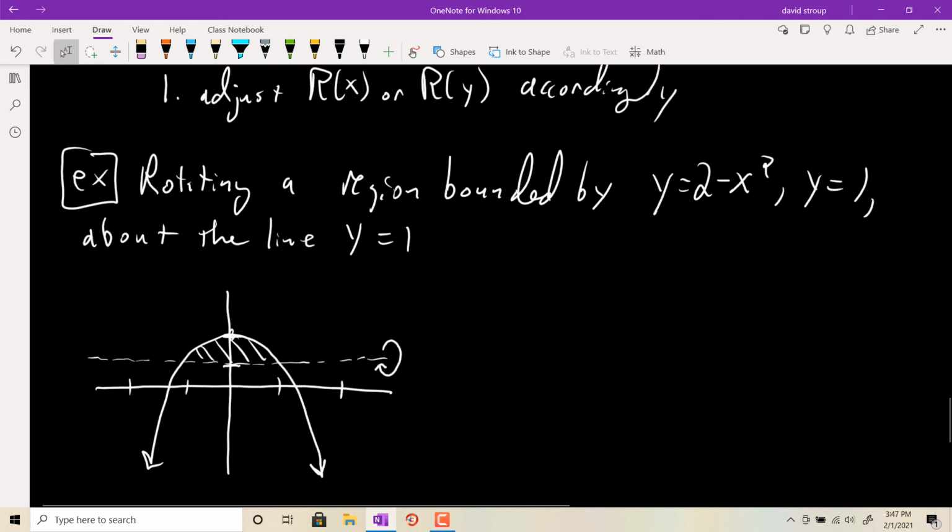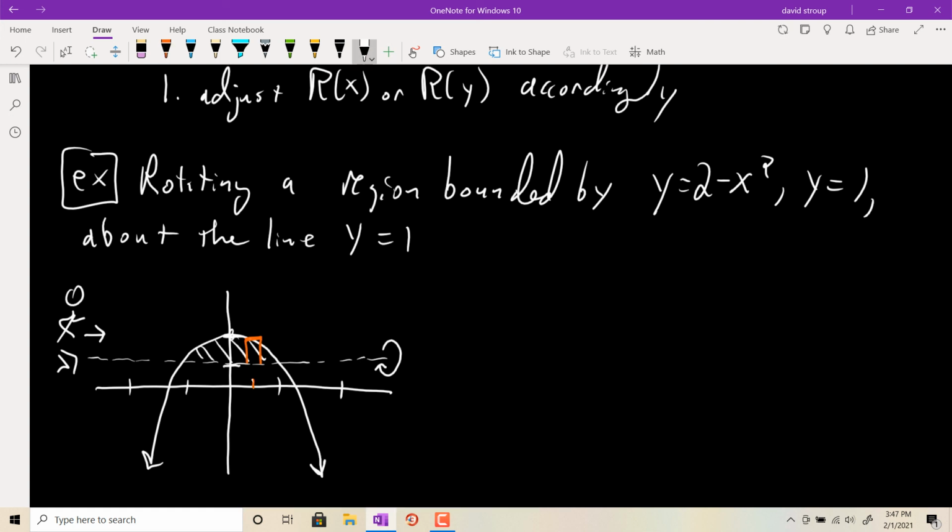Right, so draw the rectangle. Because we're going around an axis that's parallel to the x-axis, the Riemann man is still going to be running in this direction. The base of the rectangle, if you draw one of the little rectangles, is going to be on the x-axis.